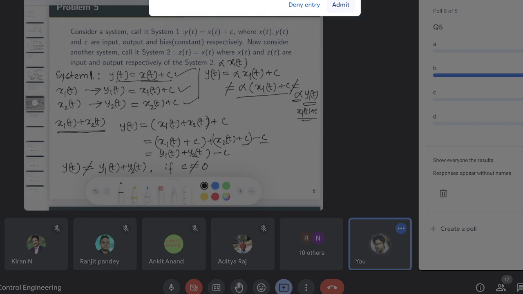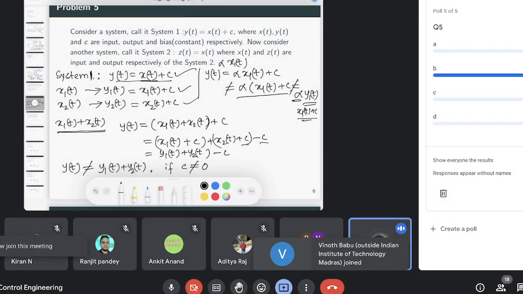The c should be multiplied with alpha there, only then will it be equal. So again you see that the homogeneity property is also not satisfied. So clearly system 1 is not linear.